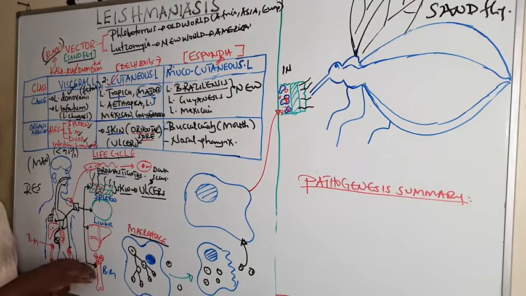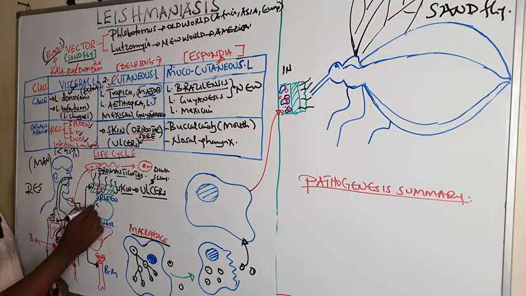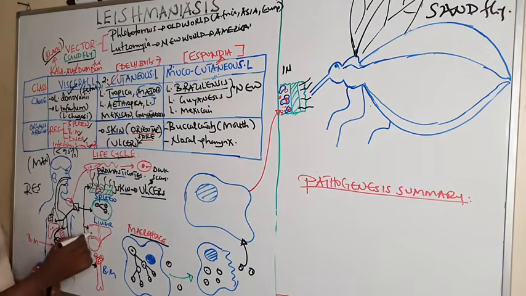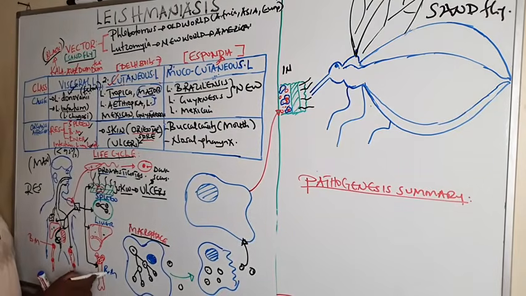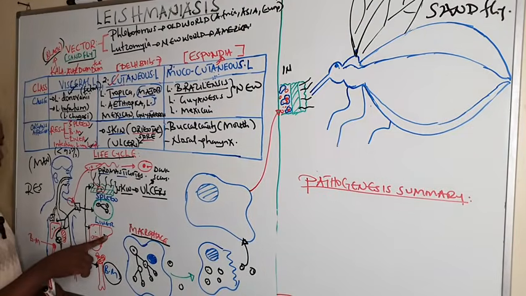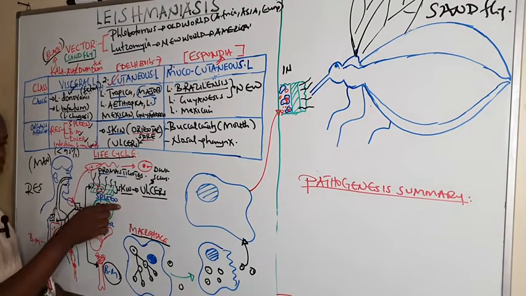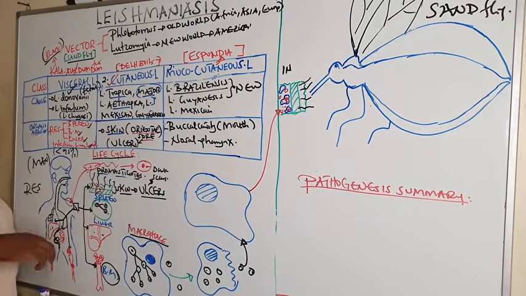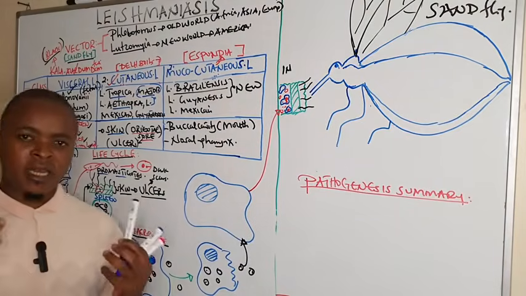And we are going to see different amastigotes undergoing binary fission in the macrophages within the spleen, within the liver, those are the Kupffer cells, within the bone marrow. Those are the osteoblasts. So the osteoblasts, the Kupffer cells, and the macrophages of the spleen are going to undergo enlargement.